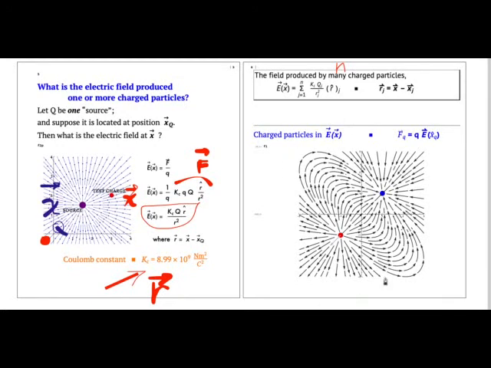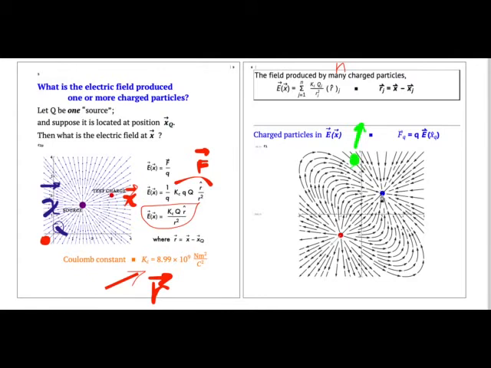So again, that's how this figure was created. You assume there's a positive charge q at this point, a negative charge q at this point. Suppose I want to know the electric field at this point. Well, I have a contribution from this source, which will be more or less in this direction.